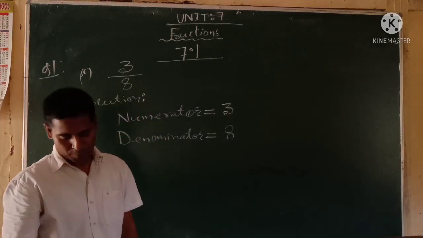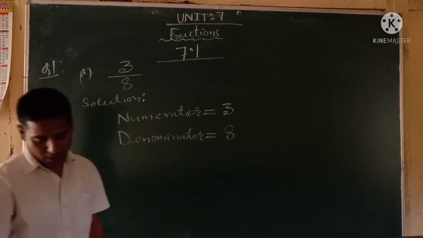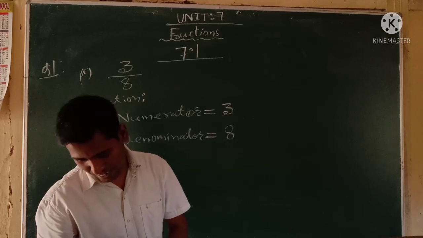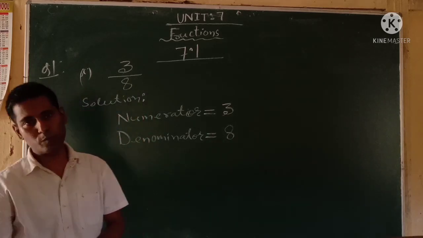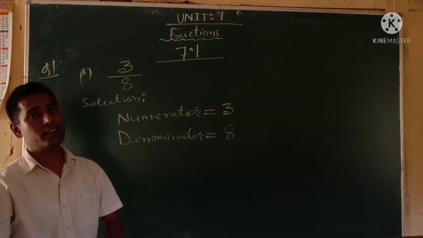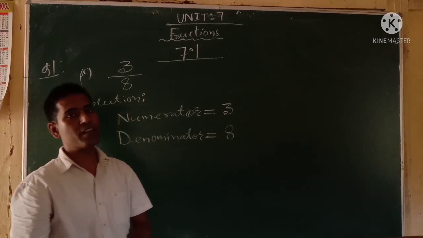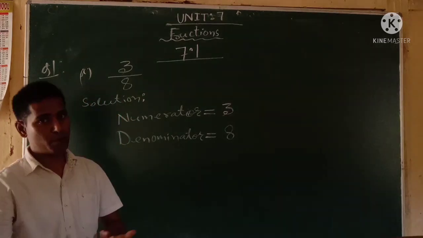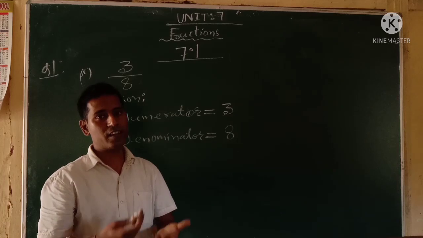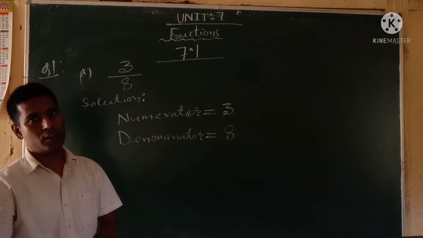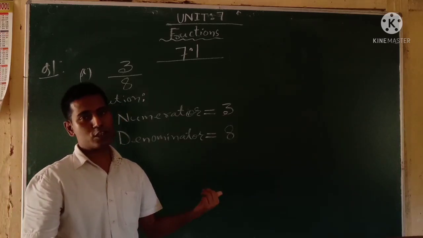Getting me? We have sub questions B, C, D, E and G. Solve them yourself, write down nicely and bring back the notebook for checking. There's nothing to teach there.